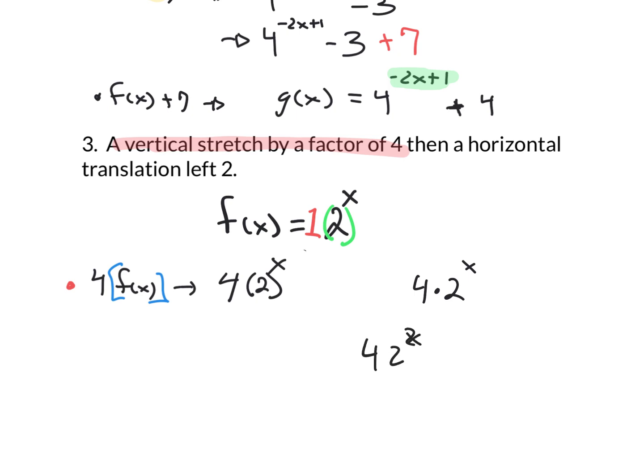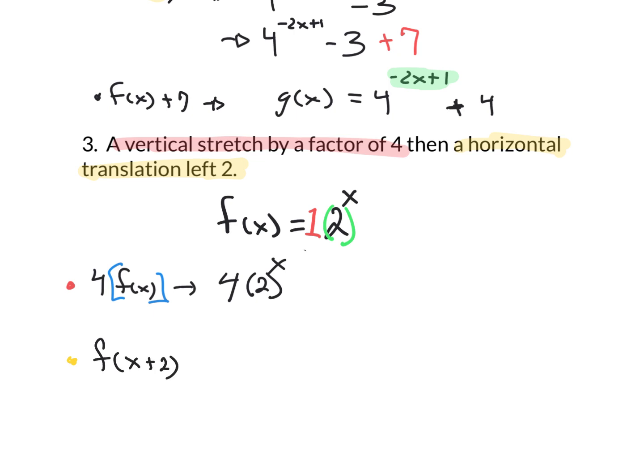That wouldn't make sense. And then we're going to do a horizontal translation left 2. Remember, if it's left 2, that means it's going to be plus 2.